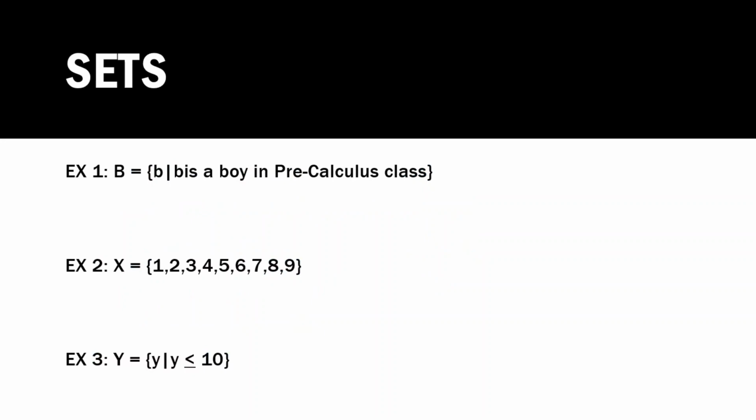All right, so here's how we write sets. This first set, we're going to read this as B such that B is a boy in pre-cal class. This is in set builder notation. That's what this form of a set is called.